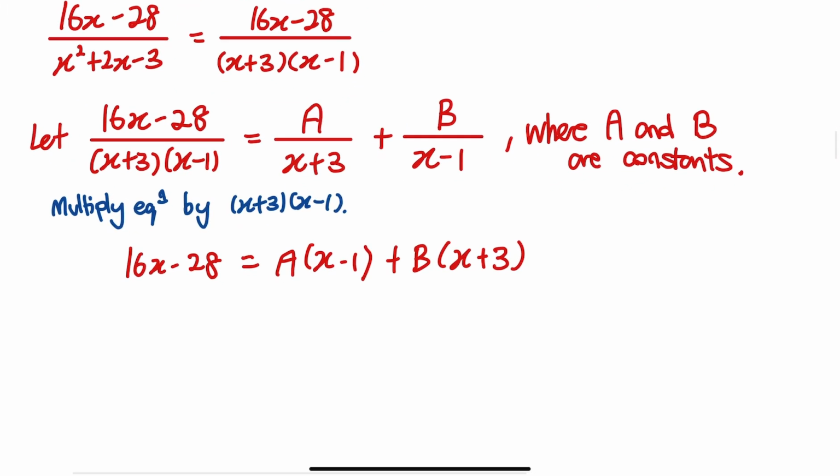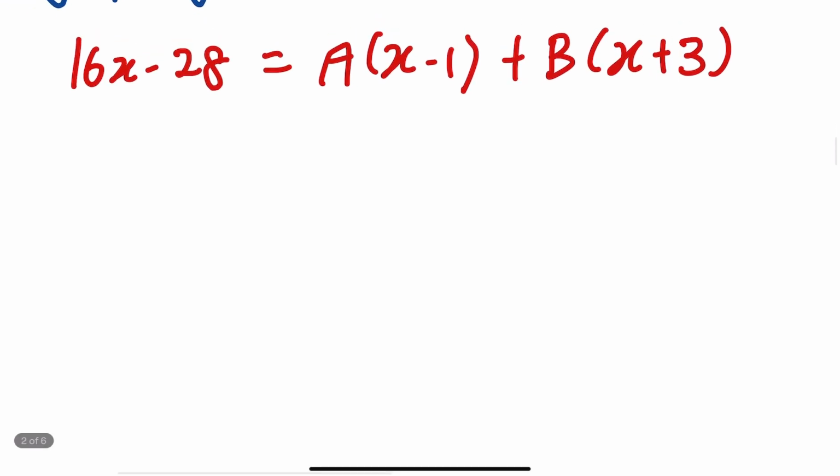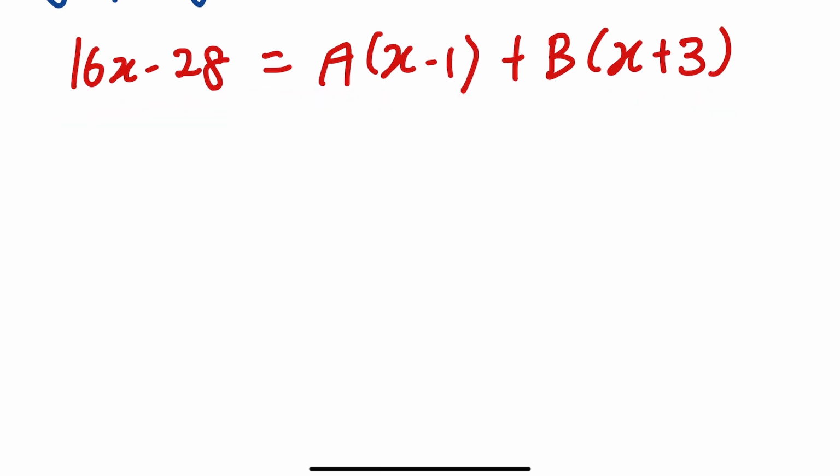Now this is a polynomial identity which we have learned in worksheet 1. How do I find the values of A and B from here? Note that as this is an identity, it will be satisfied by any value of x. So you can choose any value of x to sub in order to find A and B. If you think very smartly, how do you think I can find the value of A?